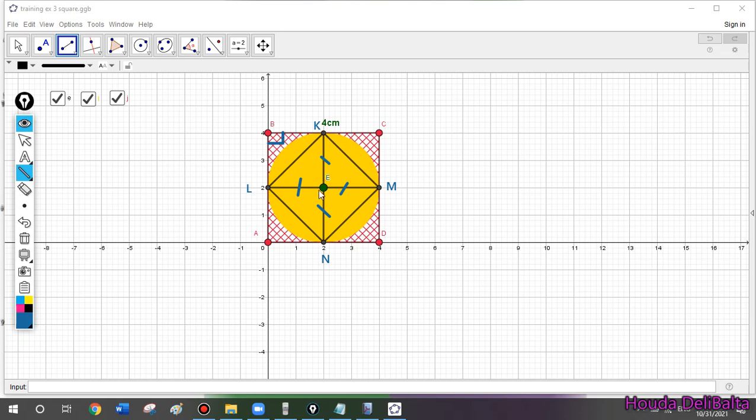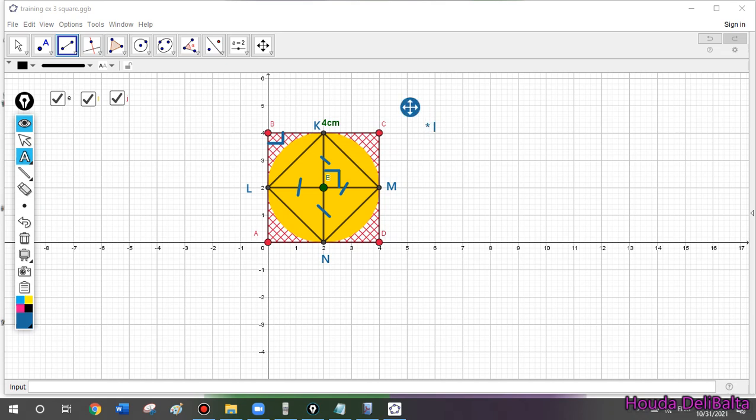So those parallels, KN that's parallel to AB and LM that's parallel to BC, will definitely make a right angle. They have to be perpendicular because parallels to perpendiculars are perpendicular, and thus we proved it a square using diagonals. So let's write what we said.